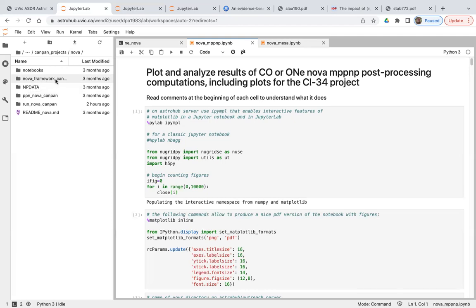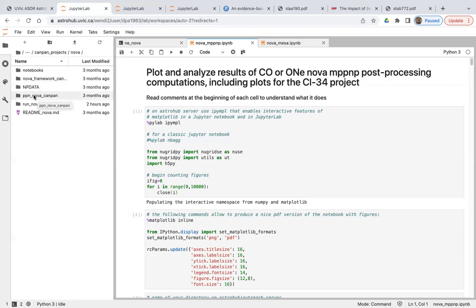Run NOVA CaNPAN is for post-processing multi-zone nova nucleosynthesis computations with the NuGrid code and PPN. And PPN is for one-zone computations of nova nucleosynthesis. This can be done even in TINA. I will show you this later.